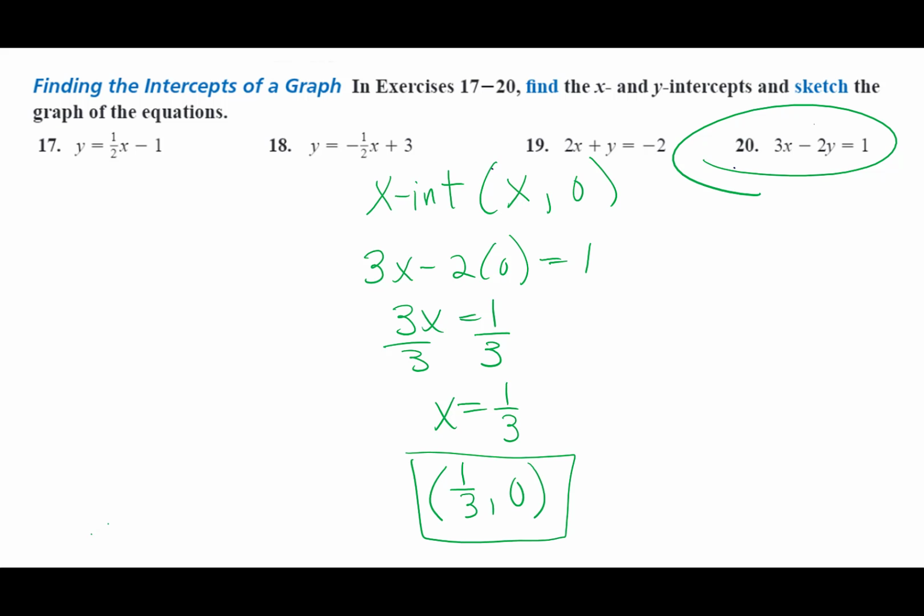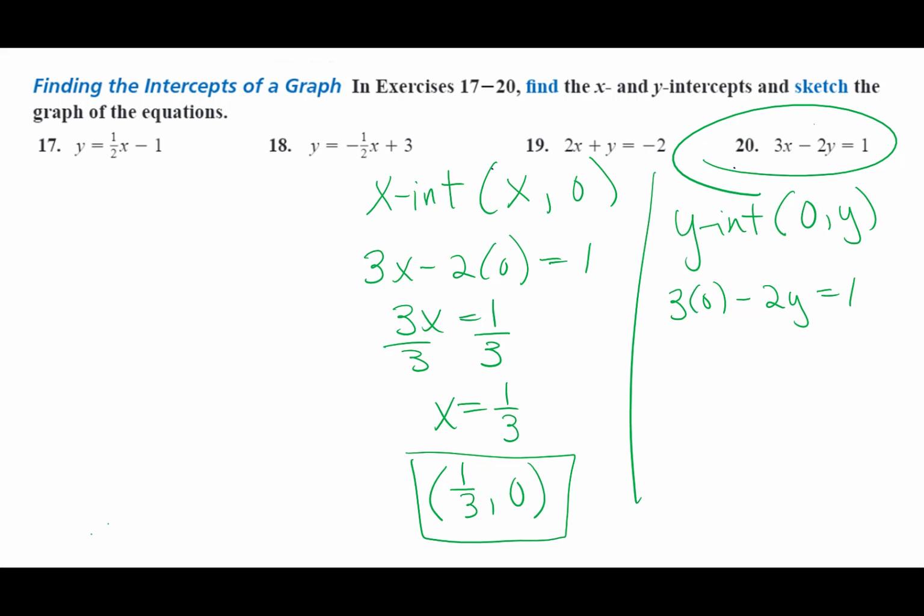Well, that's part 1 of your answer. Part 2 of your answer is to find the y-intercept. It is always in the format 0, y. So we'll go back up to the equation in number 20. This will be 3 times 0 minus 2y equals 1. That simplifies to -2y equals 1.